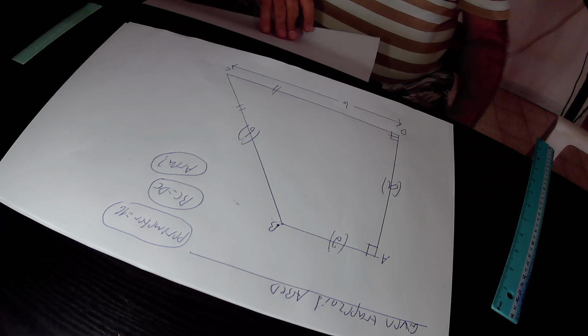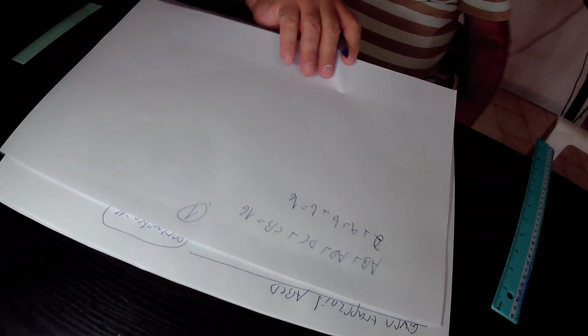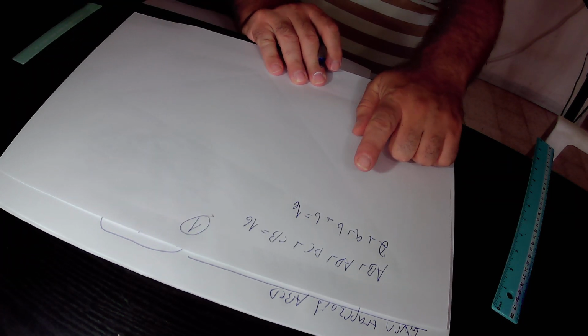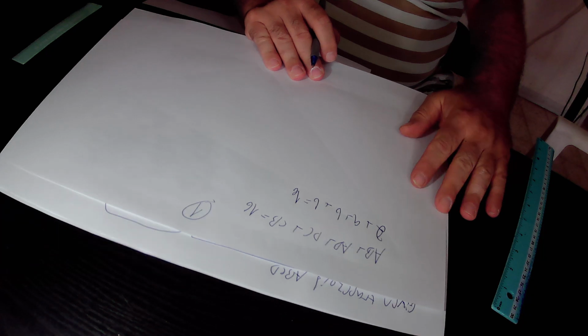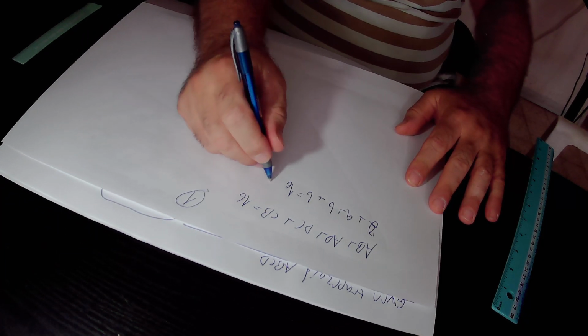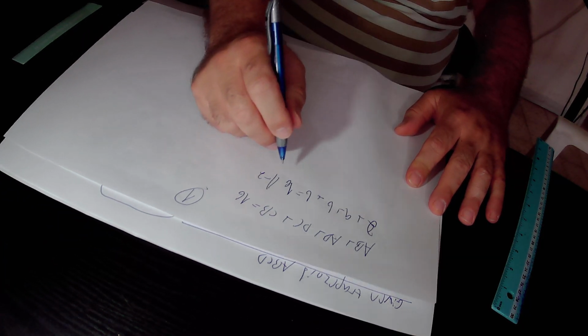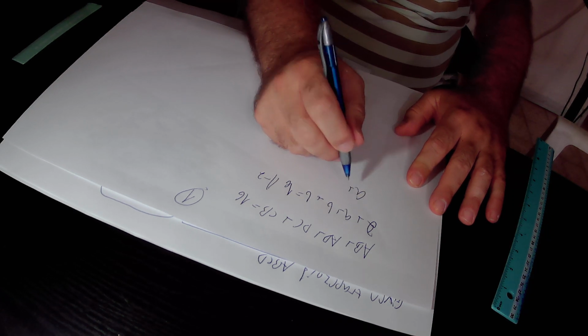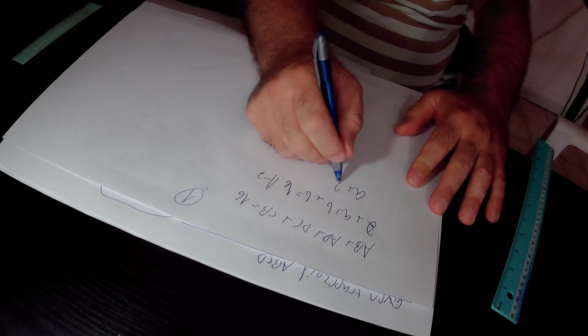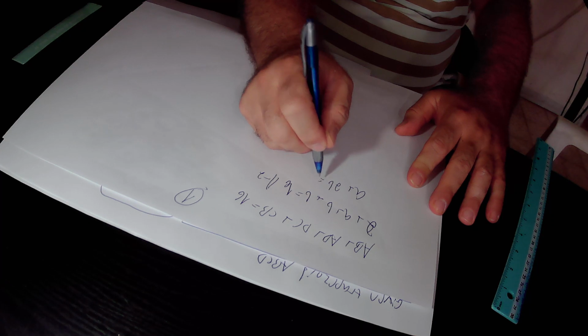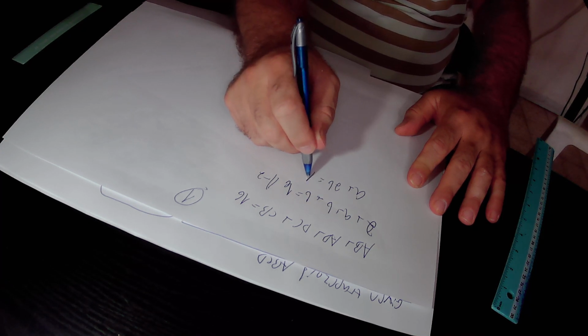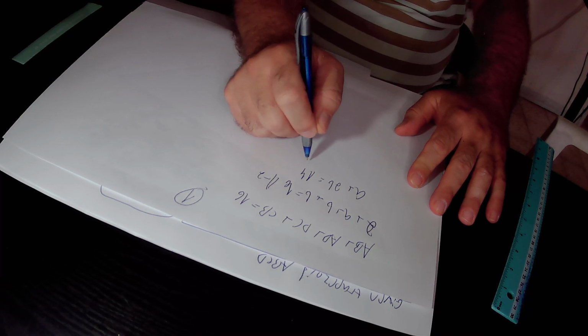So we found out that 2 plus A plus B plus B equals 16. Here we subtract 2 from this equation, and we get that A plus 2B equals 16 minus 2, which is 14. So A plus 2B equals 14.